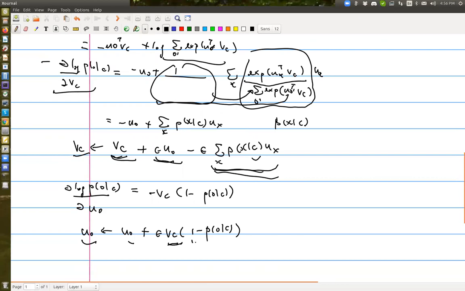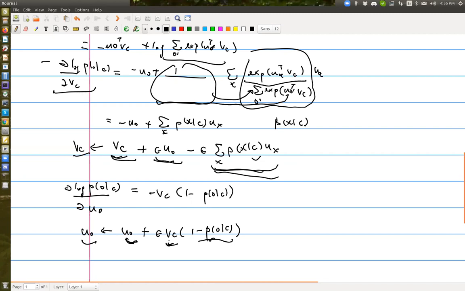If P(O given C) is already very close to 1, meaning that given center word C, the outside word O is already very likely, then I won't make U_O much more similar to V_C. But if the probability of O given C is small, close to 0, then I will make U_O more similar to V_C.